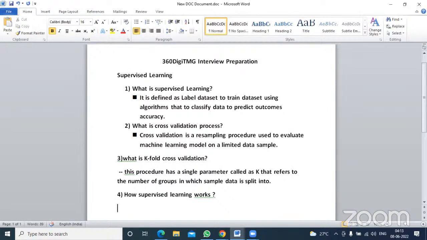How does supervised learning work? Guys, please reply how supervised learning works.